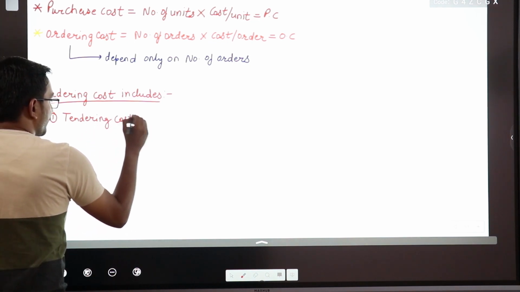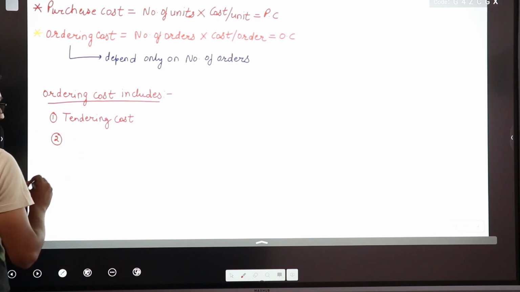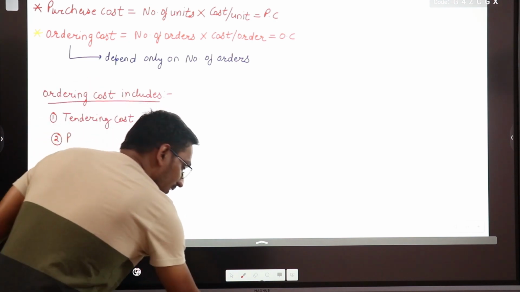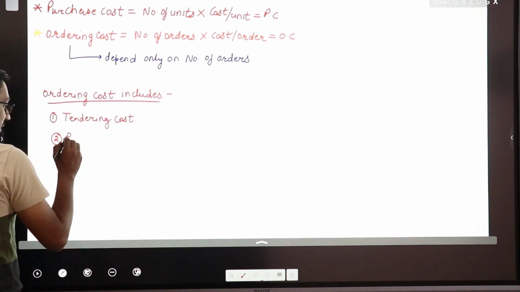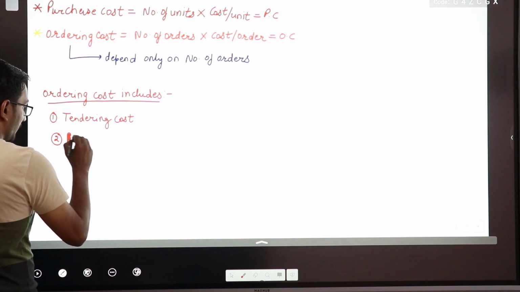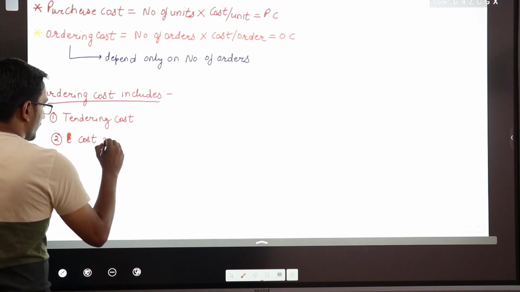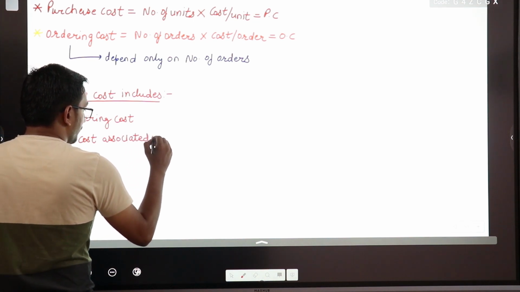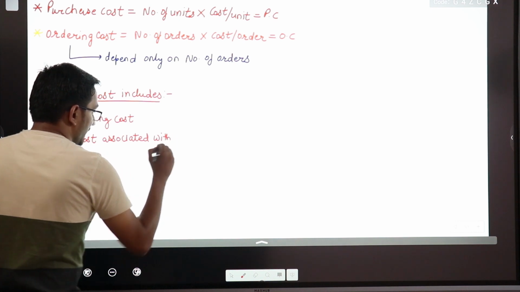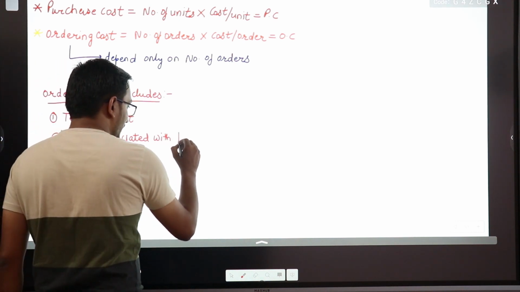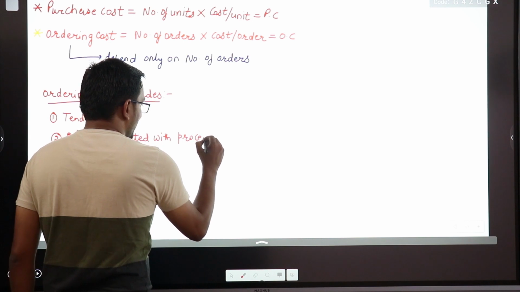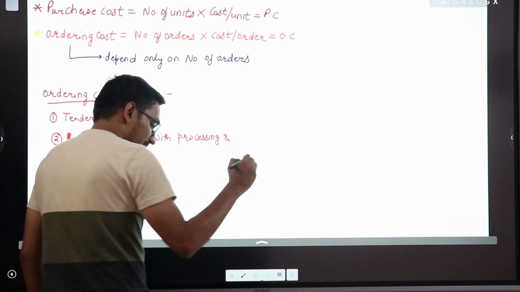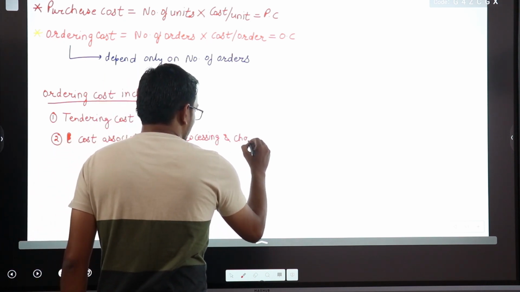Second, placing the order: you need to place some order, then the cost associated with processing, right? You need to process that inventory, cost associated with processing and chasing of purchase.